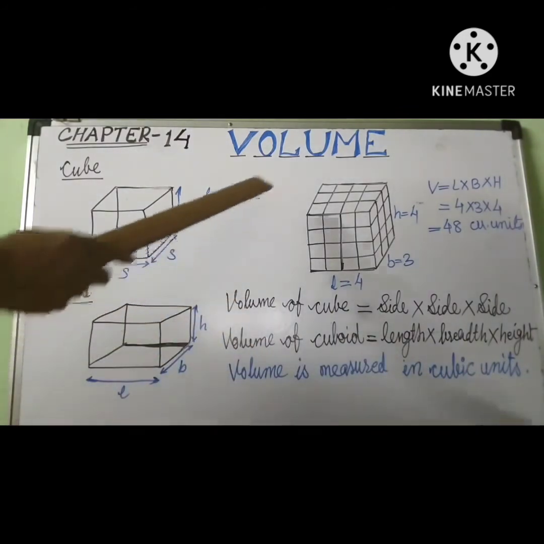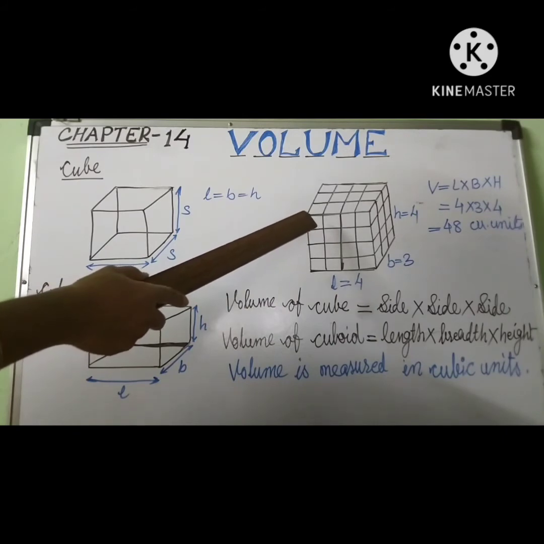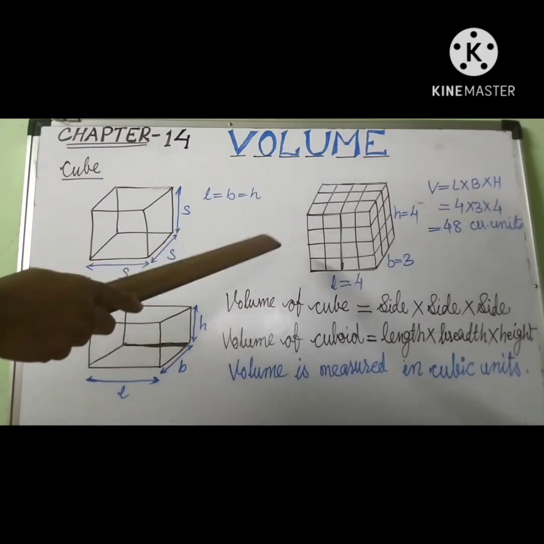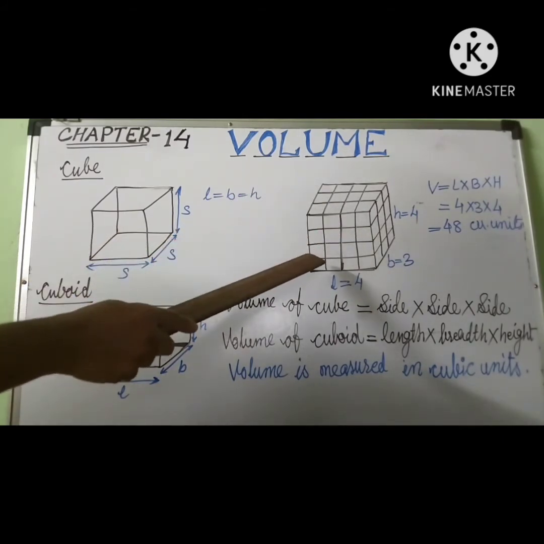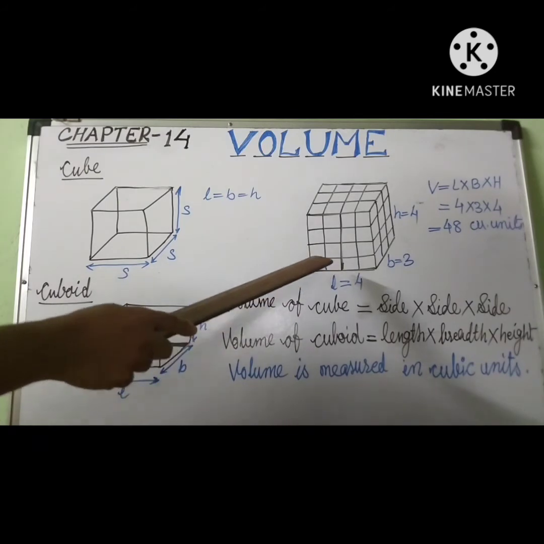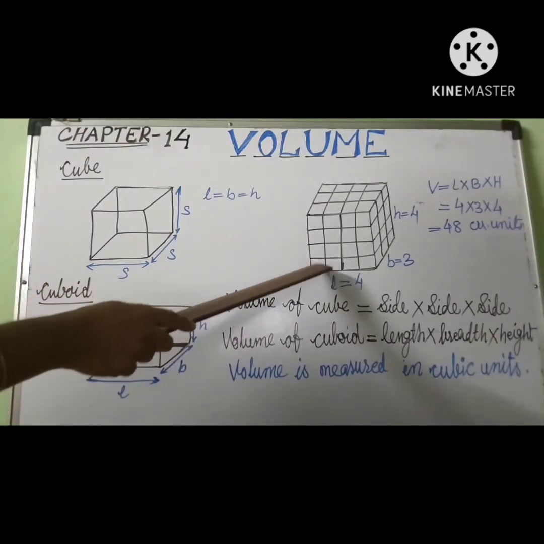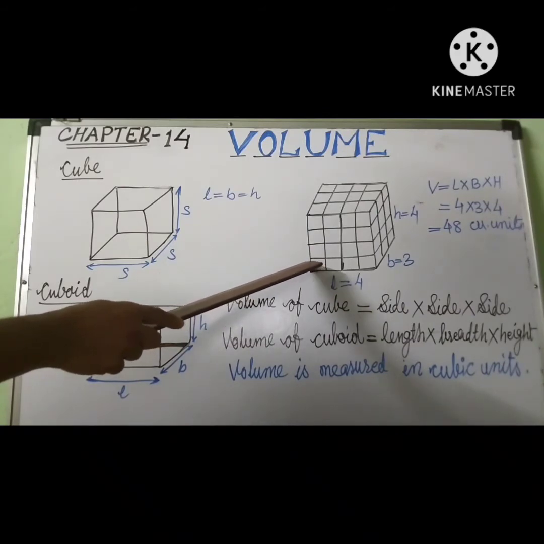Okay. So look at this figure. If any figure is given and we have to find the volume of the figure, so how to find? Let's see. Here the figure is made of cubic units. Okay, cubical boxes. These are cubical boxes. So if the measurement of these cubic boxes are 1 unit, how to find the volume?